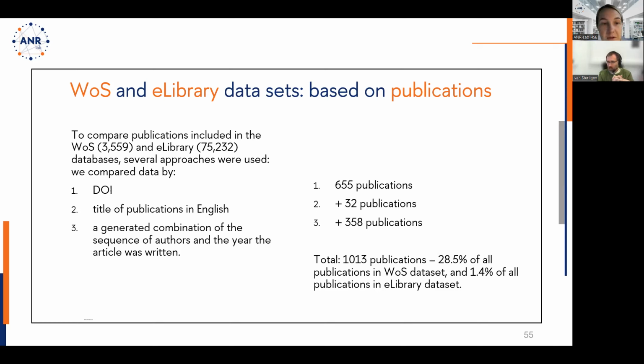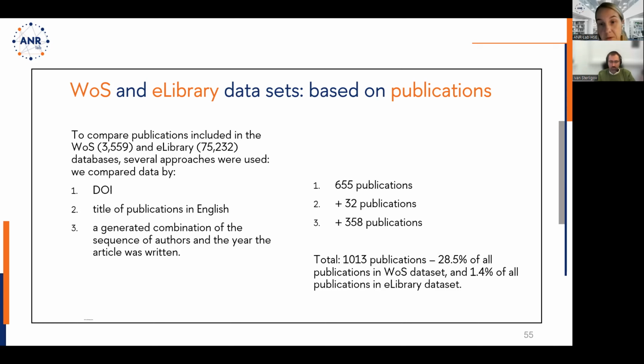And then we generated a sequence of authors and the year when the article was written, the same thing which is used by WOS, and it resulted in plus 358 publications.